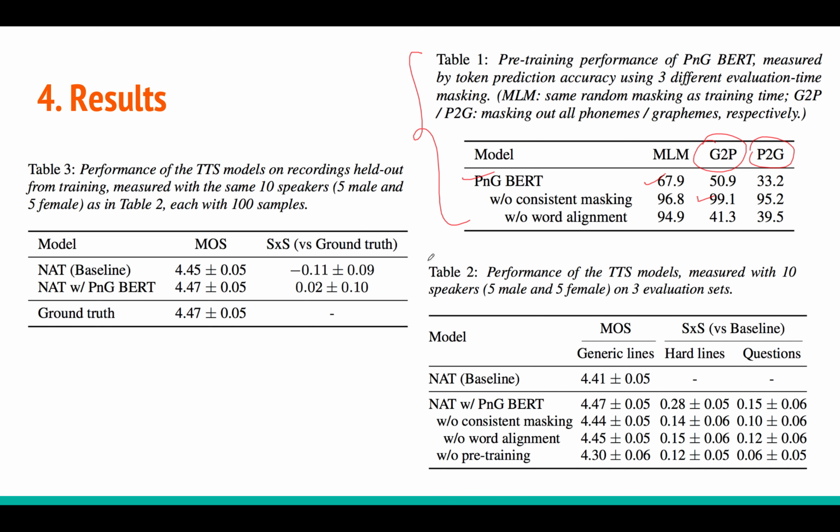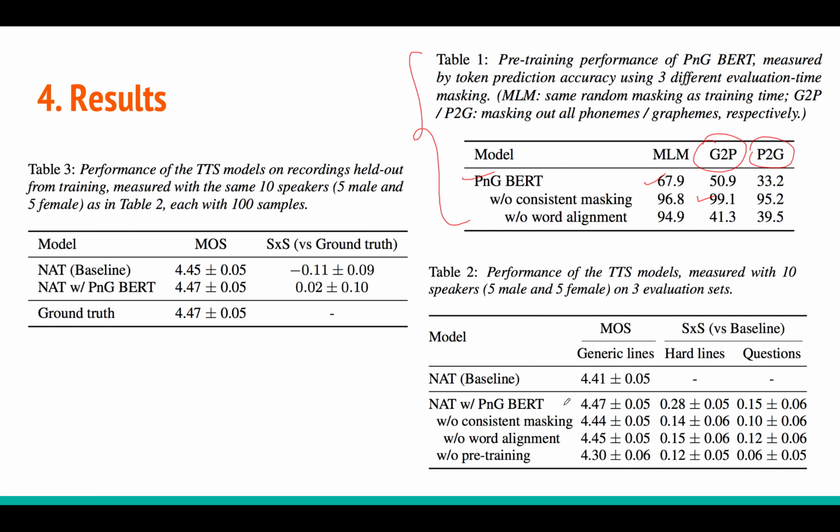The second table shows the performance of the TTS models itself, which are the MOS score and the SXS baseline. So it's a side by side evaluation, right? If you just look at the MOS score, the NAT baseline without any of this BERT pre-training is already getting a very good MOS score, which is almost close to the human level MOS score.